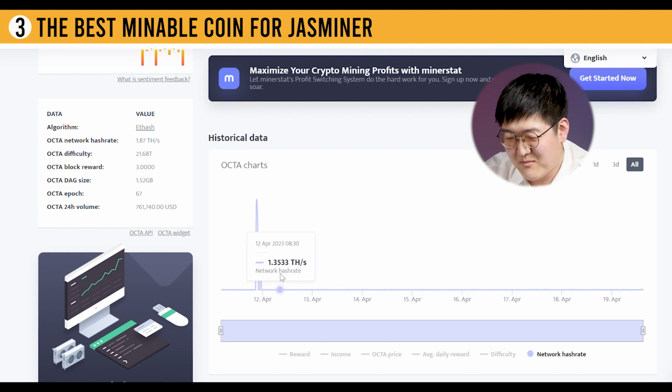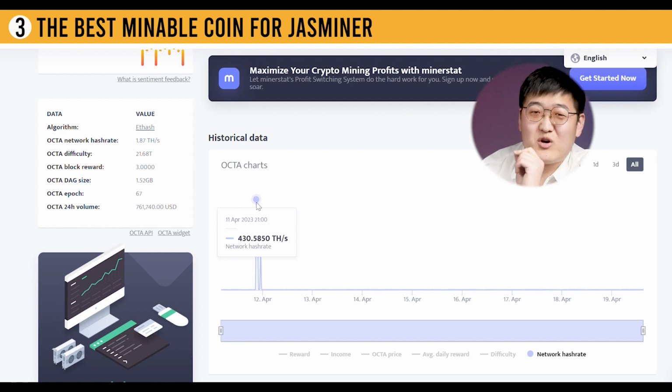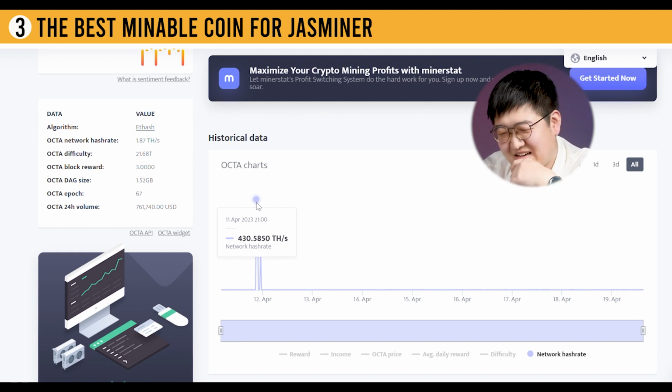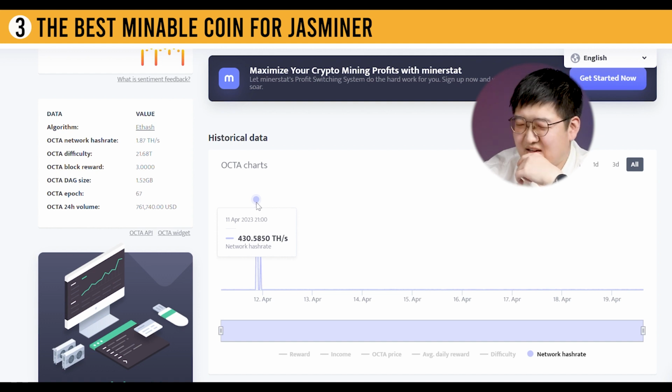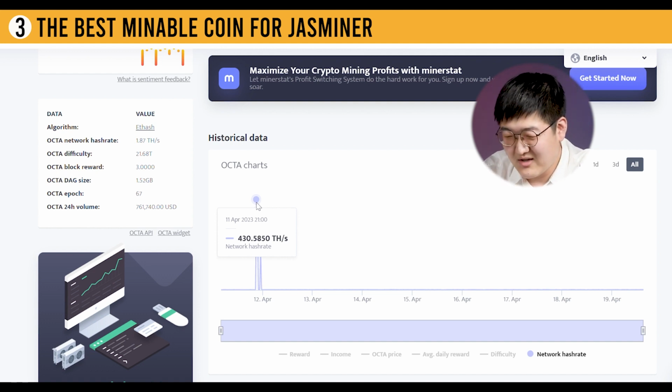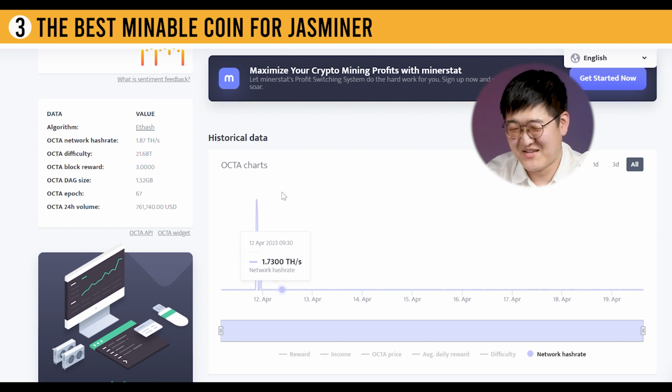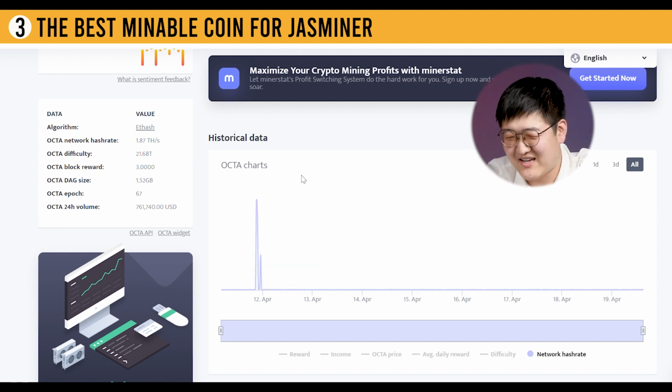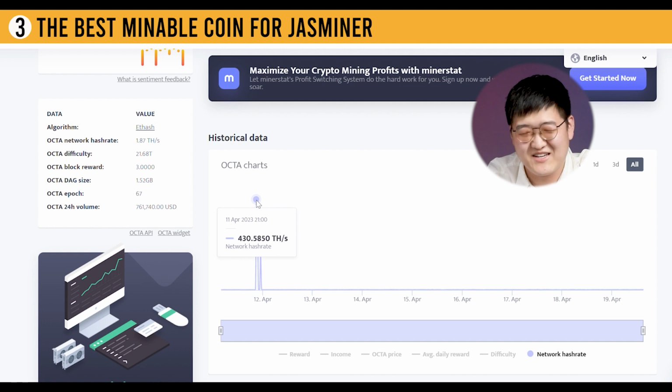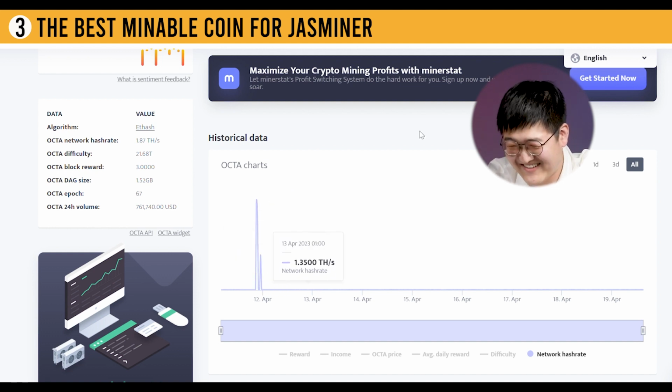But on April 12th, it was 430 terahash per second, and it was mining for around 1 to 2 days, maybe 1 day only, or maybe even a couple of hours. Then they fall back. Some of the mining farms just joined in, found out it's not a very good idea, and then fell back.